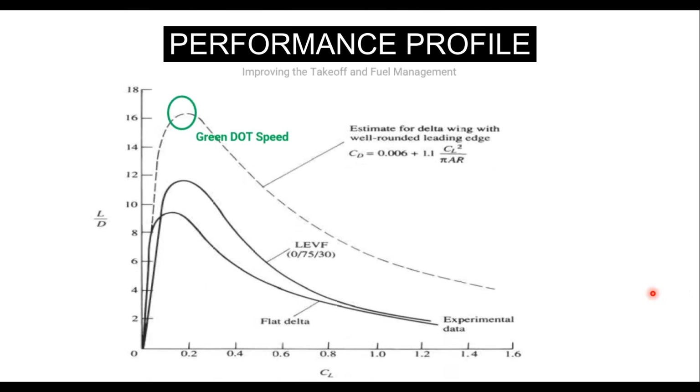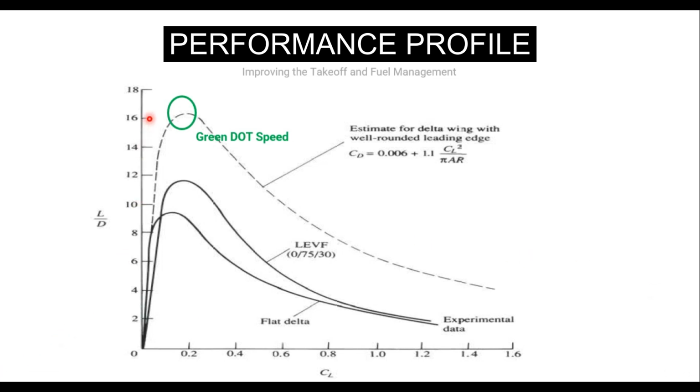Okay, here we are. The green dot speed is the maximum lift over drag point. This is a little bit very technical, so the engineers would understand this better, but the lift over drag point is the green dot speed of the aircraft.